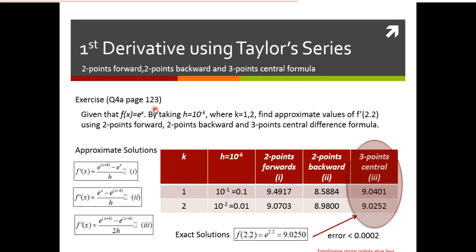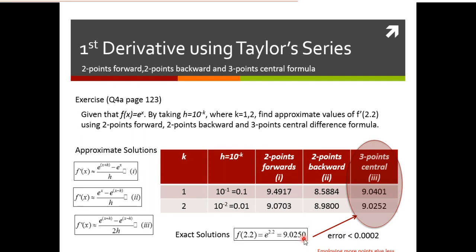This is the function that you can use to find the value of y or f(x) for the exponential x equation. When you use the equation directly, you can find that when the value of x is equal to 2.2, the value for f(x) or the value for y on the y-axis will be 9.0250.